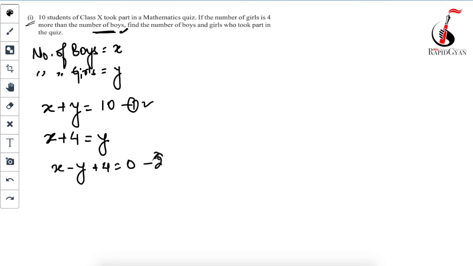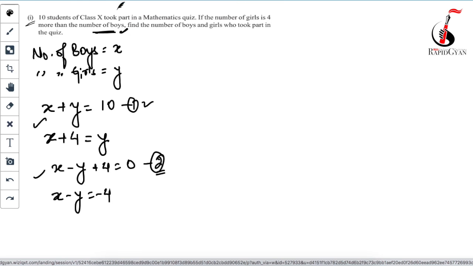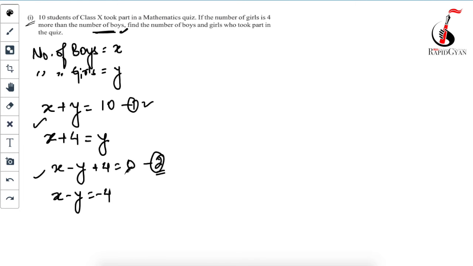This is your equation 2. This I can also write as x minus y is equal to minus 4. The first part of the question says form the pair of linear equations, and we have already formed that pair.